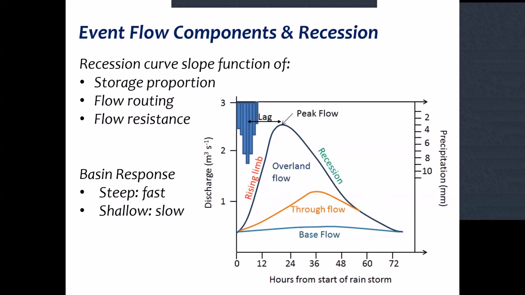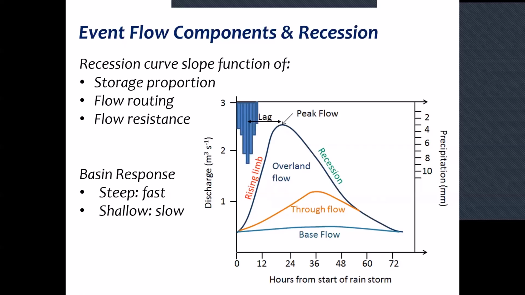And the notion is that they represent different flow pathways. So some of these flow pathways could be representing different levels in the groundwater. As the groundwater table increases, maybe some of that flow is being pushed out into the river. You could have another interflow that represents preferential flow pathways through the ground.